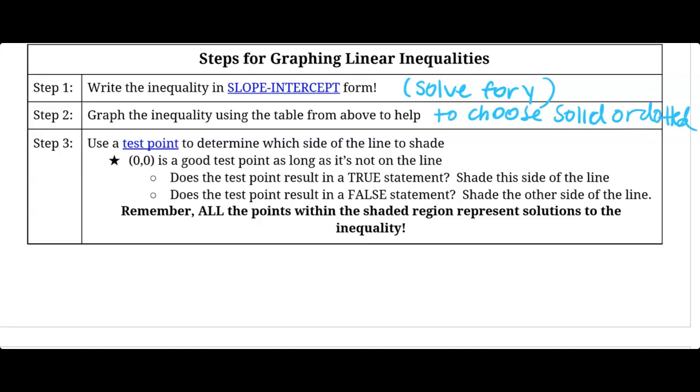And then you would use a test point. I always recommend 0, 0. It's a nice, easy point to plug in, and you can get easy answers. If your test point result is true, then you shade that side of the line. If the test point result is false, then you shade the other side of the line.